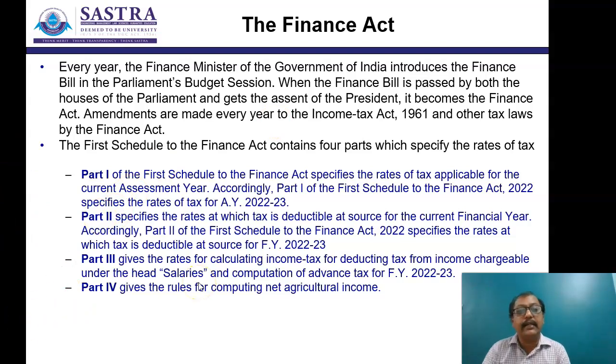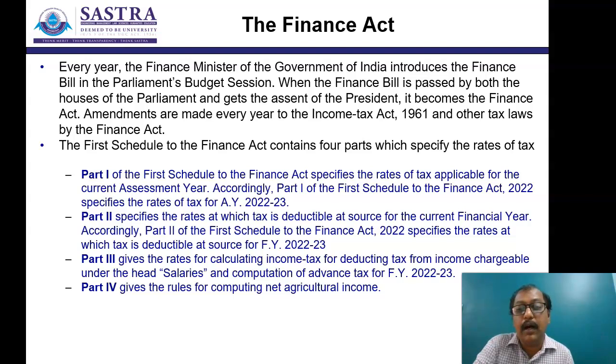Now the Finance Act: every year the Finance Minister of the Government of India introduces the Finance Bill in the parliamentary budget session, and when the Finance Bill is passed by both the houses of the Parliament and gets the assent of the President, it becomes the Finance Act.